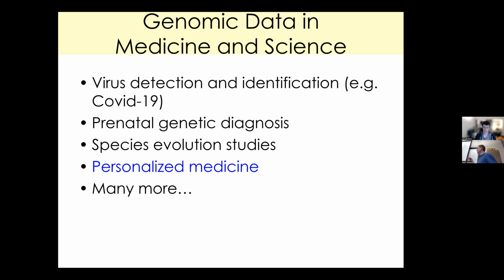And ubiquitous is the field called personal medicine. Each of us will get a different treatment based on our genomic content. So that's a motivation to deal with this problem.